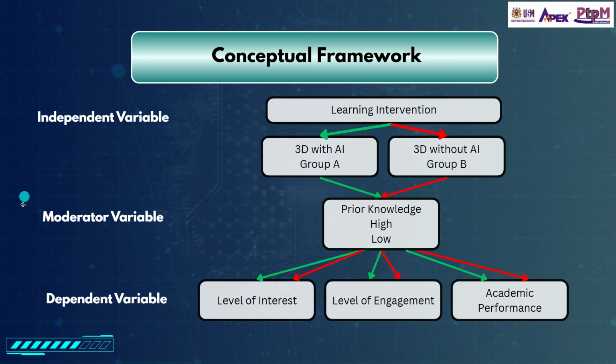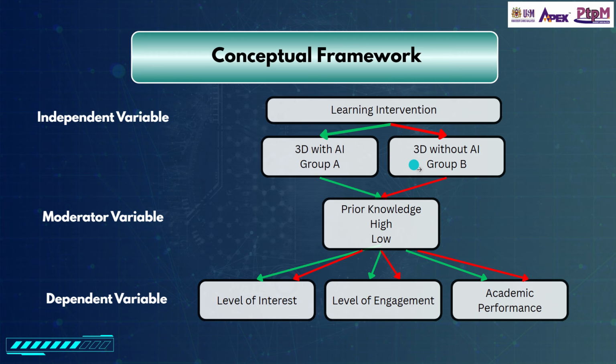So let's see the moderator variable, also known as the second independent variable. We have two groups here, prior knowledge, high and low. So for both independent variables, we have four groups here, which means group A with high prior knowledge and group A with low prior knowledge.